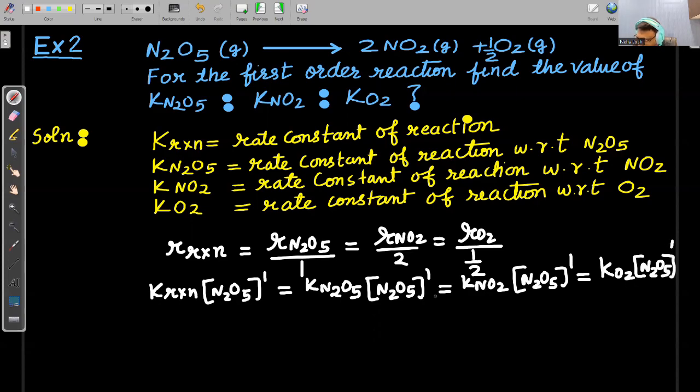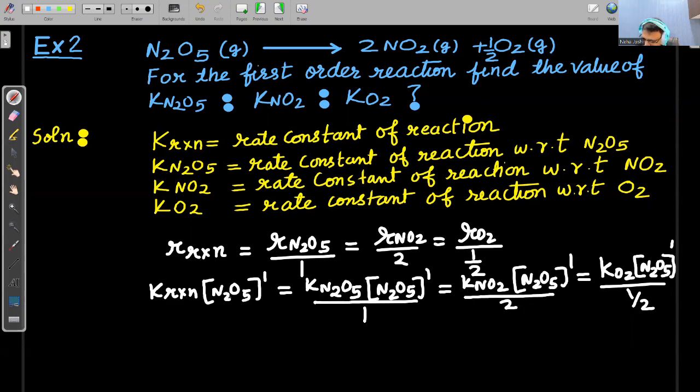Here we have to divide by stoichiometric coefficient 2 and here we have to divide by half, right? So we are writing the value of rate of reaction with respect to N2O5, rate of reaction with respect to NO2, rate of reaction with respect to O2, and this is rate of reaction. Rate of reaction is rate constant of reaction into concentration of reactant raised to the power order.